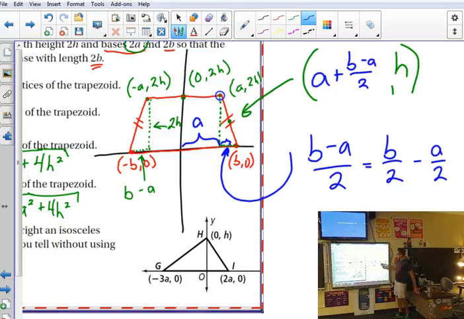So if I solve this out, when I combine it with my a, it really subtracts half of the a away. So really what I end up getting is half of a plus half of b.